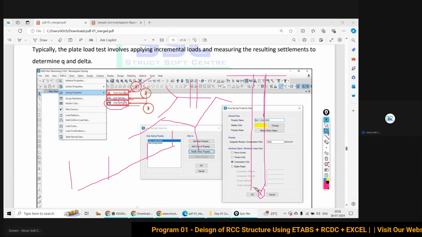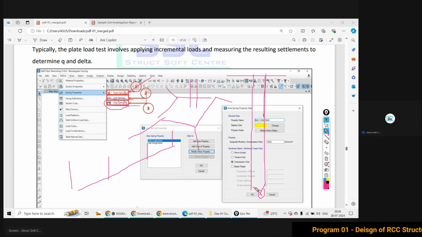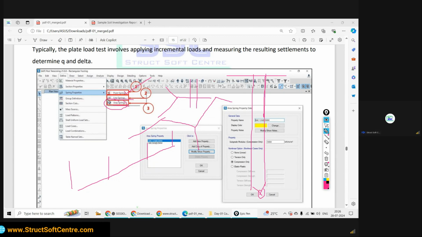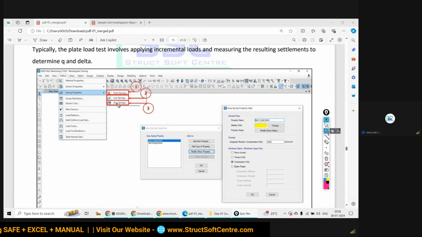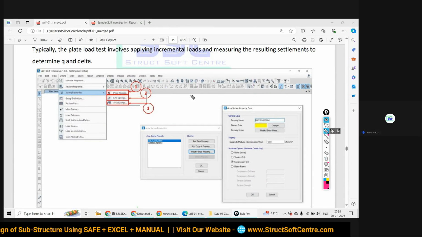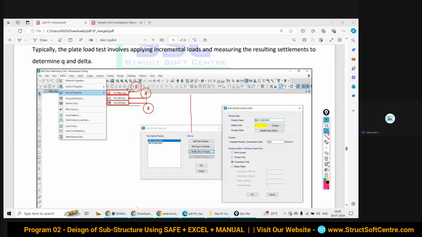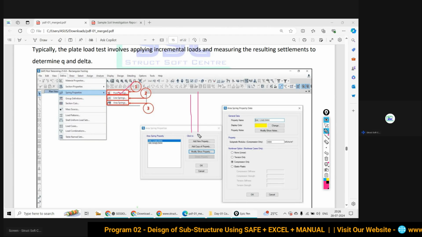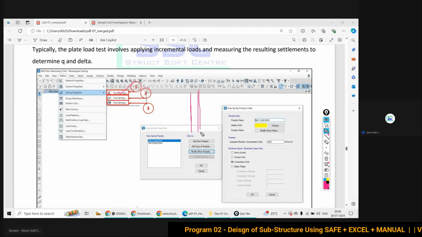So based on the contact surface and the load transfer through that surface, you have to define the spring constant or soil subgrade value here. If you consider point load transfer, point spring means a very small area connected with the soil mass.